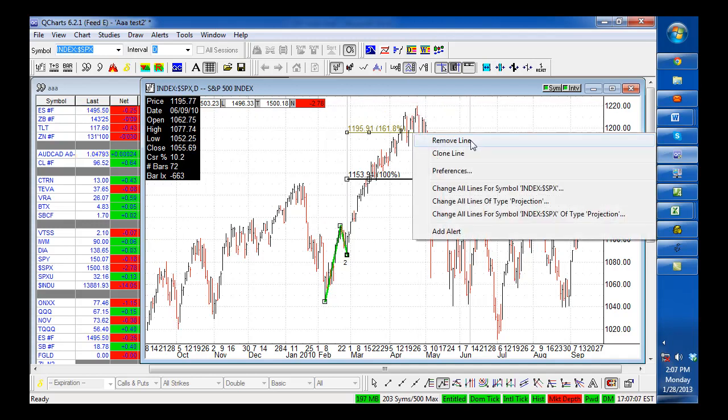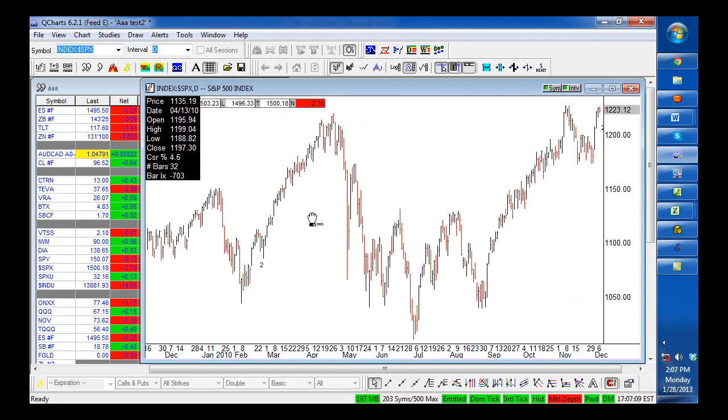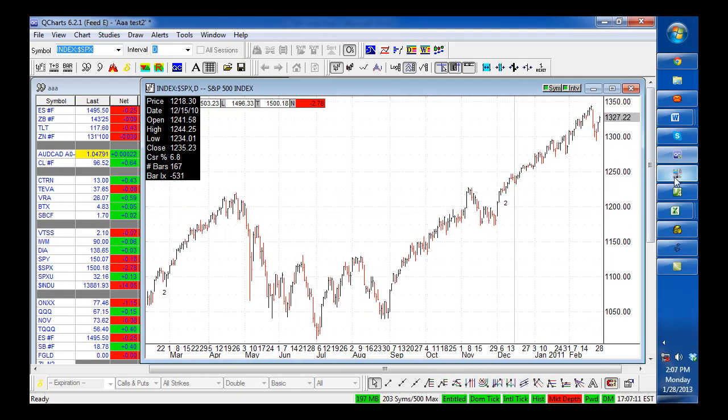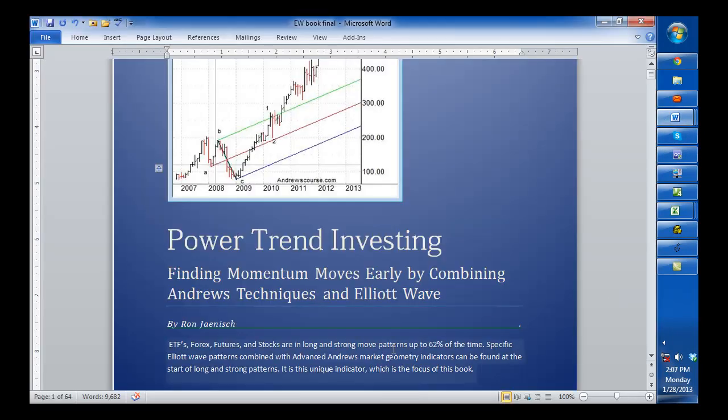And I really don't teach Elliott wave, but I show you how you can combine Andrews and Elliott wave in a simple version of Elliott wave. I'm very focused, very succinct, simple version of Elliott wave to help you find these incredibly powerful moves.